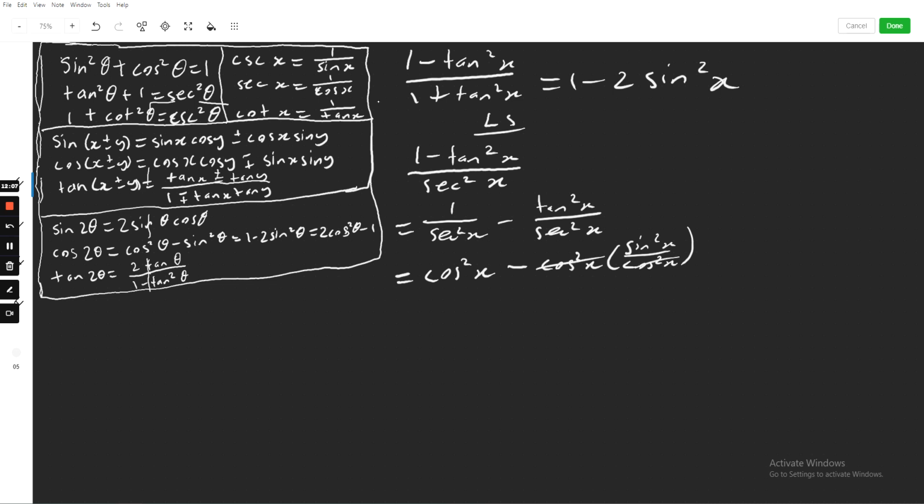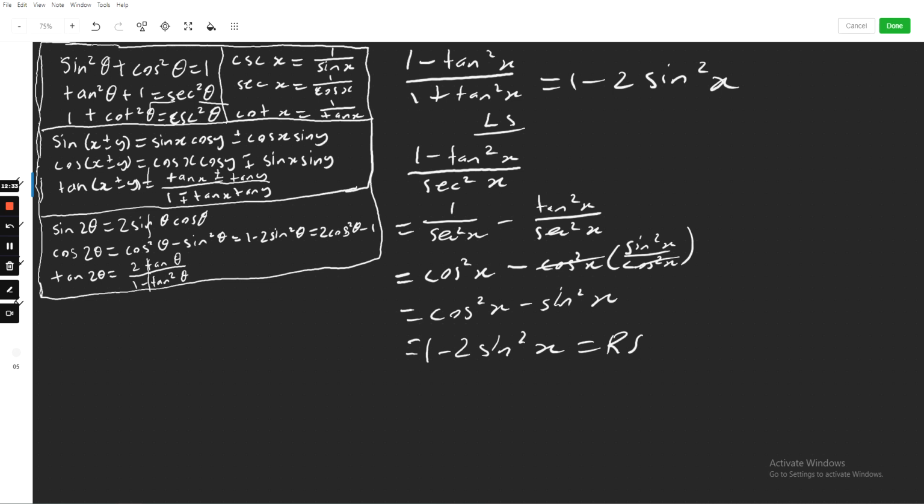Cancel these out. It becomes cosine squared x minus sine squared x. Now using the cosine double angle formula, cosine squared x minus sine squared x is equal to 1 minus 2 sine squared x. So 1 minus 2 sine squared x will equal the right side.